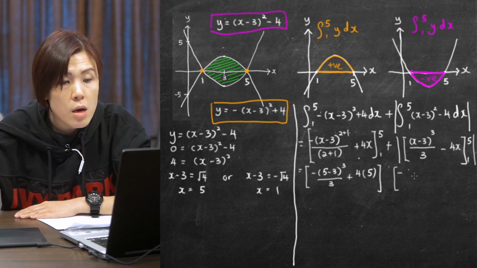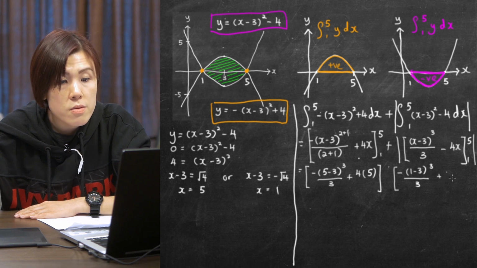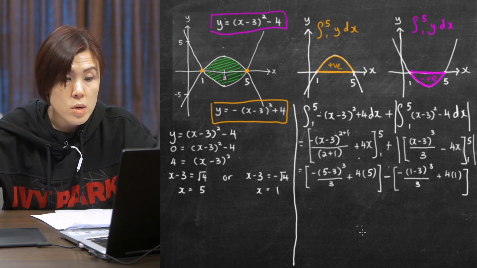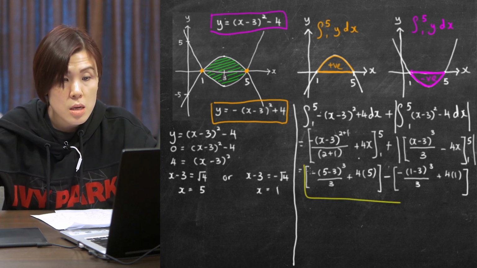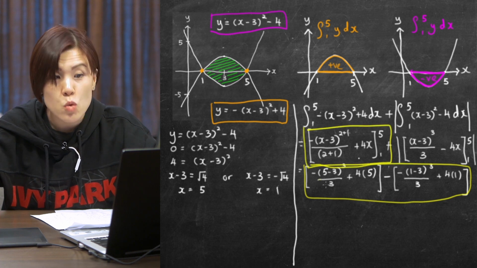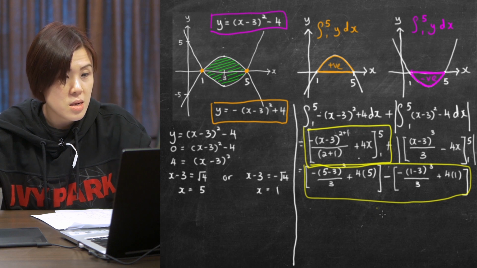Then you have 1 minus 3 over 3, and then 4 times 1. And you need to do minus. Guys, I know the working is very long. This is actually only for this, so we still have another one to calculate.